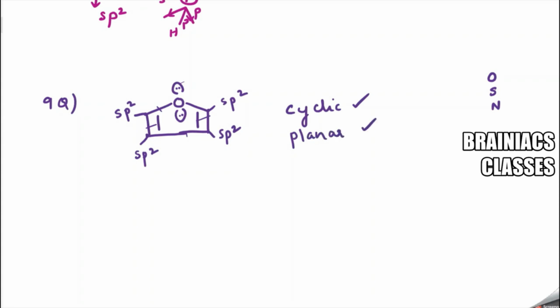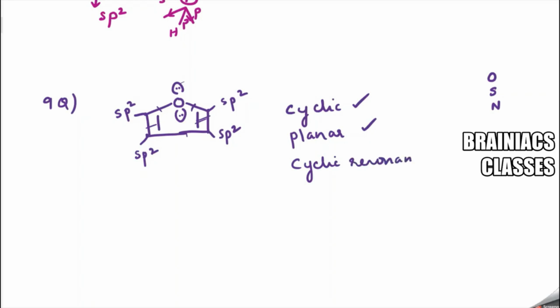Now cyclic resonance, yes: single bond, double bond, single bond, double bond, single bond, then lone pair. Any one of the lone pairs will come, but not both lone pairs. So cyclic resonance is also followed.